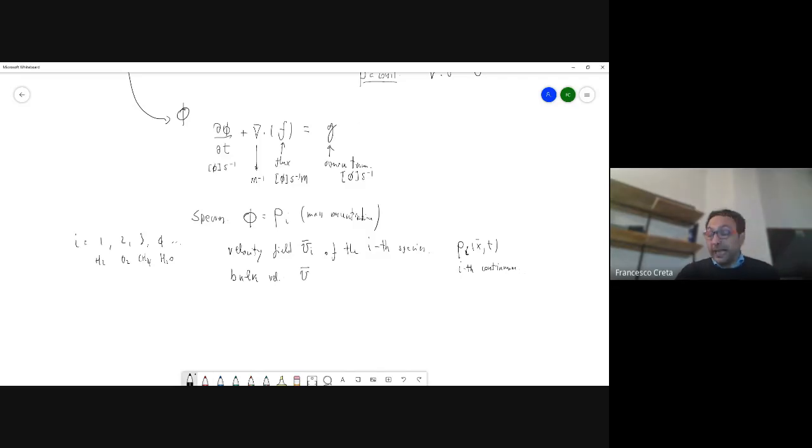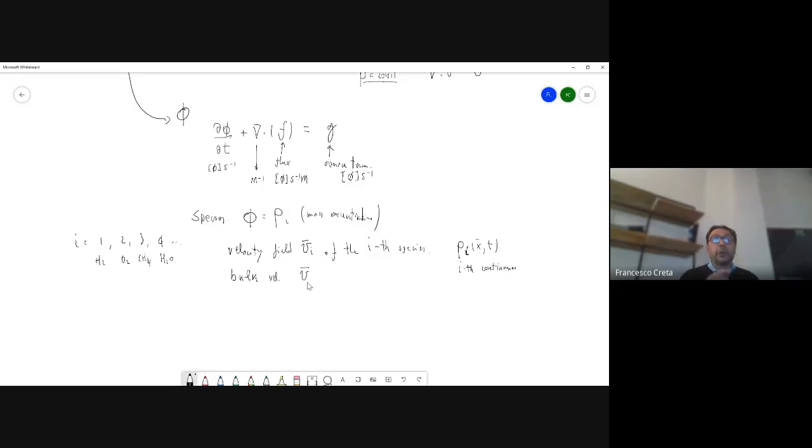Now, what that is is not clear at this point, because if we have n continuums, each with its own velocity, then how do you define the bulk velocity? It's sort of an average velocity. Well, we'll see that there are several ways of defining it. Not too difficult. It's an average, and there are many ways in which you can take the average. Okay, so that's the bulk velocity.